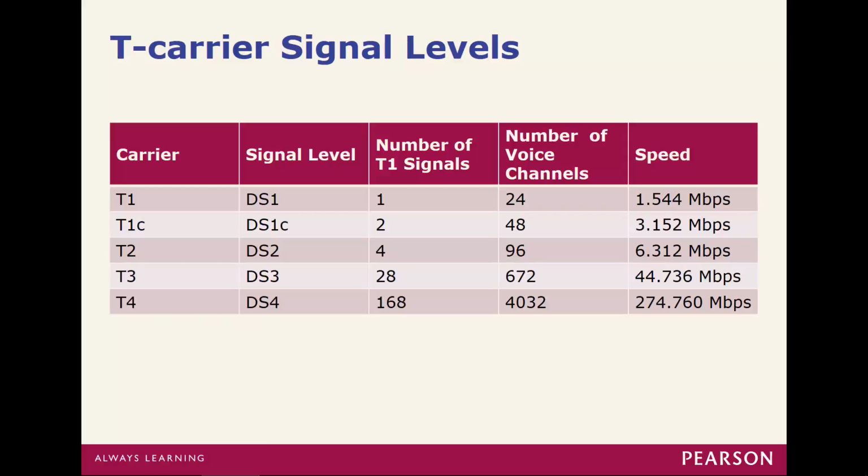If we're looking at a T1, we would have the number of T1 signals, which could be 1, times the number of voice channels, and that should equal 1.544 megabits per second. Same thing with T2s, same thing with T3s and T4s. That's how we get our speed, taking that base DS0 and building off of that.